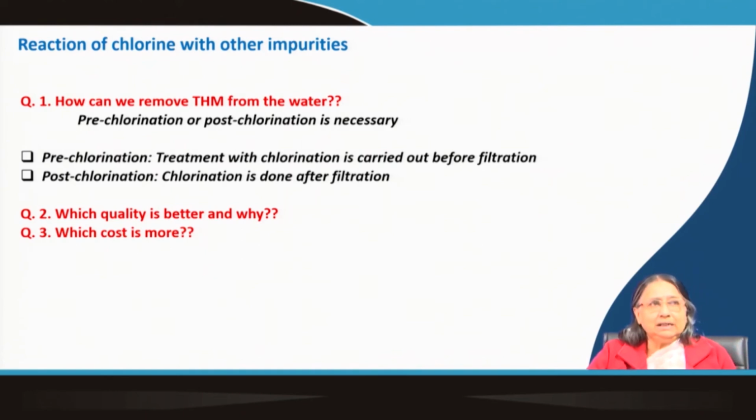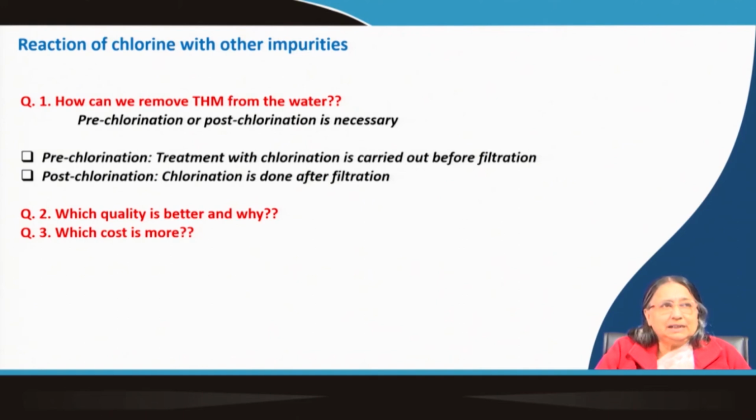If we do chlorination first, then all the organic matters are there, so we need more chlorine, is it not? We need more chlorine, and then we can remove the formed products through filtration. If we do filtration first, then we do the chlorination, then less chlorine is required. Okay.